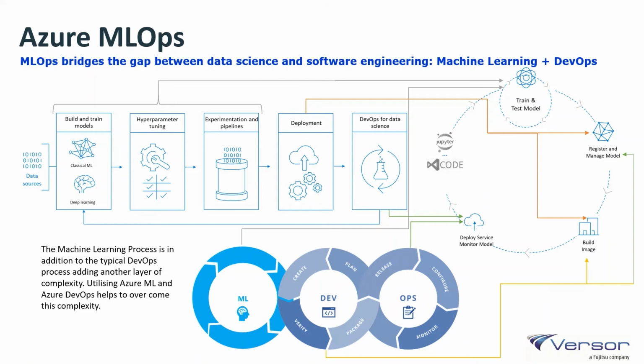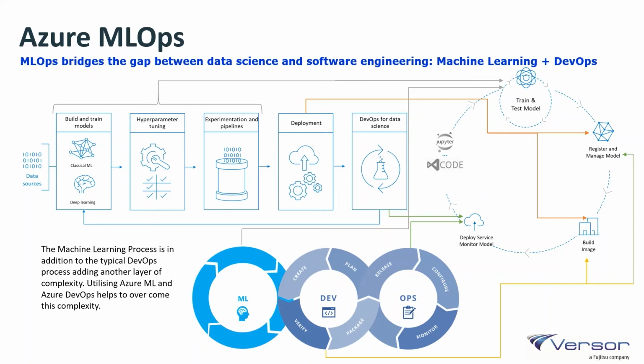If we now look at the top part of the slide, we have our build and train models, hyperparameter tuning, experimentation, and pipelines, which all come into the initial machine learning process. Then the deployment and DevOps for data science parts they're talking about there is where we register our models, register all the packages that go with those models, all of the dependencies, etc. Then deploy the model, or create an image to deploy the model, and manage and monitor that model through a number of different processes.